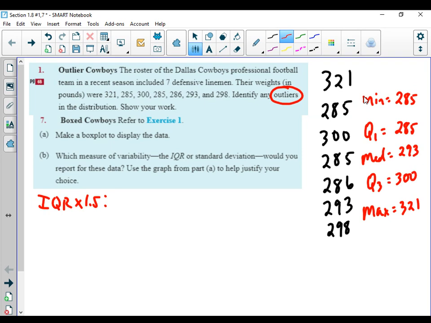Q3 on this one was 300. Q1 was 285. So my IQR on this was 15. And I'm going to multiply that by the 1.5. So 15 times 1.5, that's going to give me 22.5.